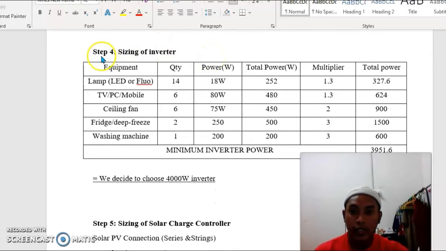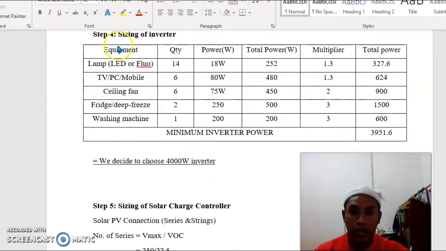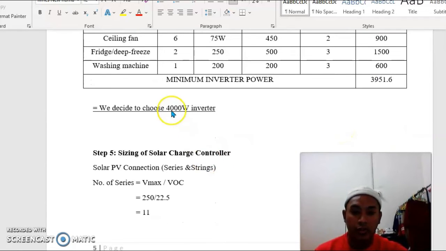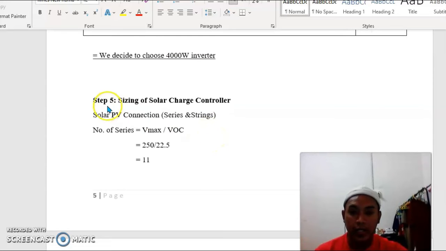Step 4 is sizing of the inverter. This is a table for the minimum inverter power, and the minimum inverter power is 395.1.6, and then we decide to choose a 4000 watt inverter. For the last step, sizing of the solar charge controller.